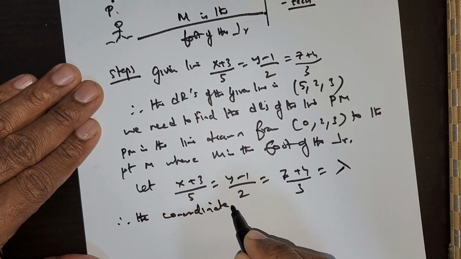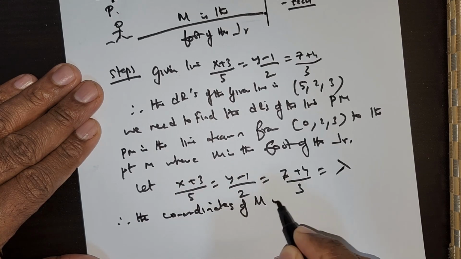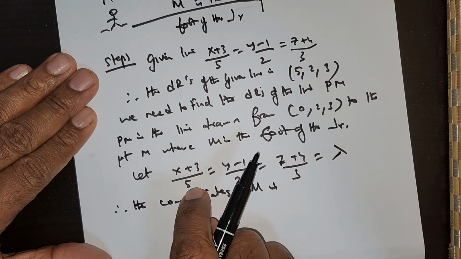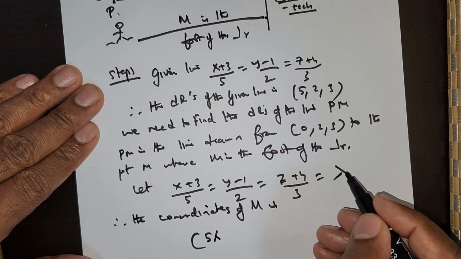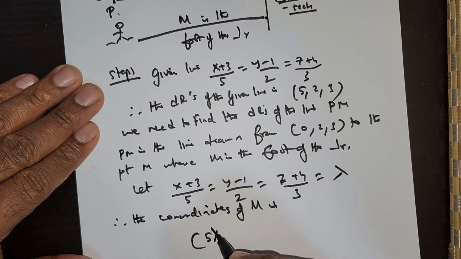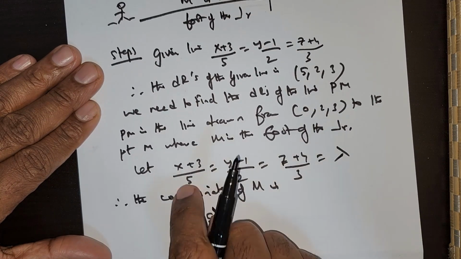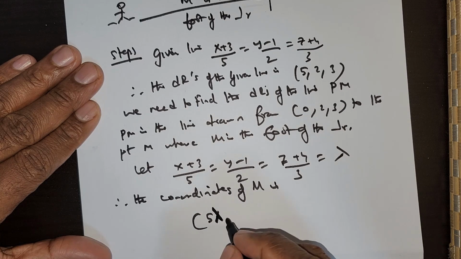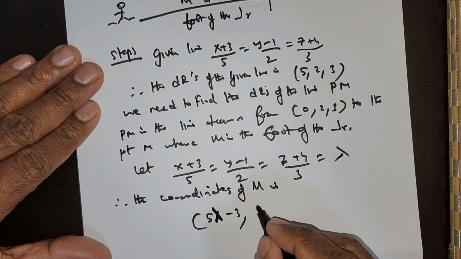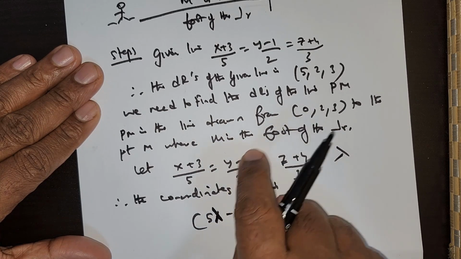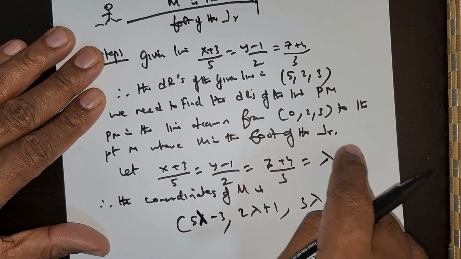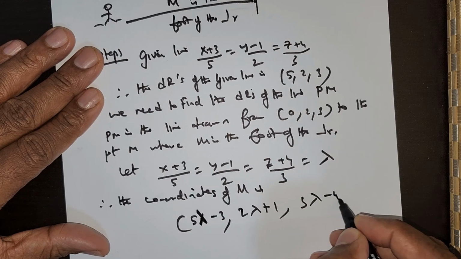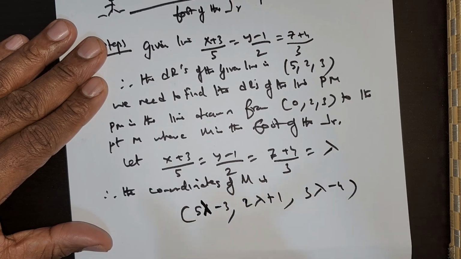We need to know the coordinates of the point M. The coordinates of M are 5λ, and this 3 goes to the other side and becomes −3; then 2λ, this −1 goes to the other side and becomes +1; then 3λ, this 4 goes to the other side and becomes −4. So this is the coordinate of M: (5λ − 3, 2λ + 1, 3λ − 4).